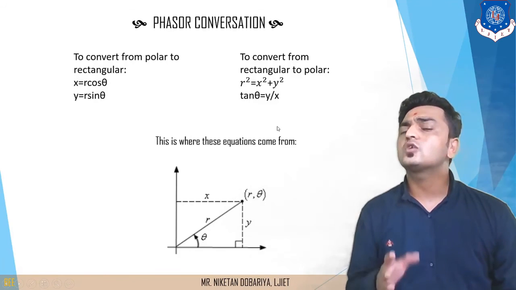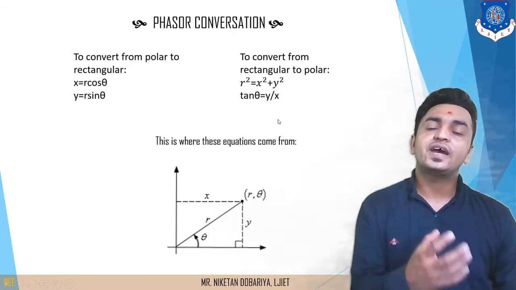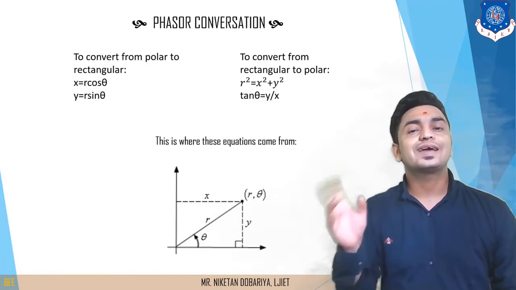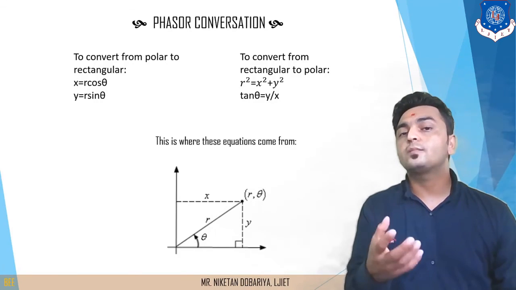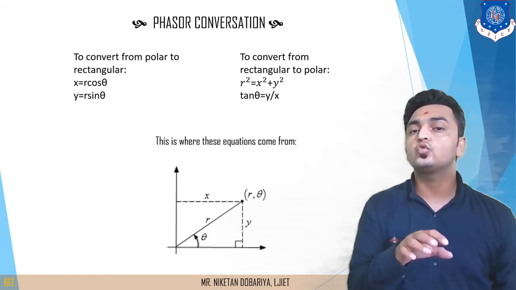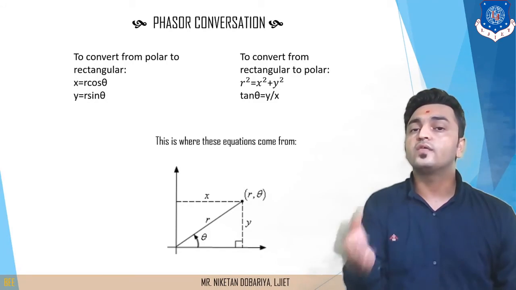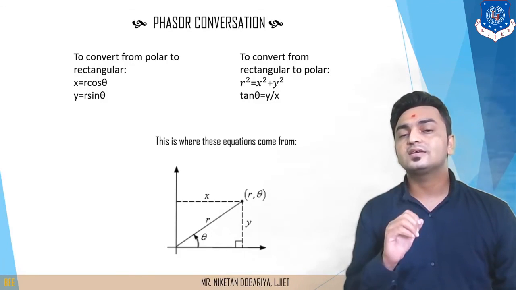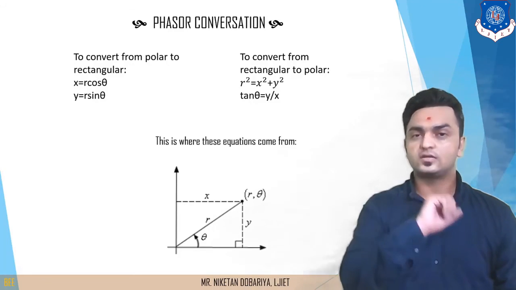Why are we doing this conversion over here? Because when we do any kind of addition or subtraction, we will always need a rectangular form. So suppose in the question a polar form is given. First of all, you have to derive the rectangular form. And when we multiply or divide two or more vectors, it is easy to do multiplication or division in polar form.